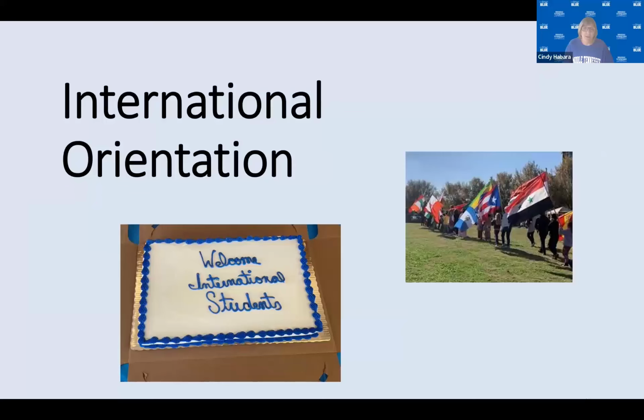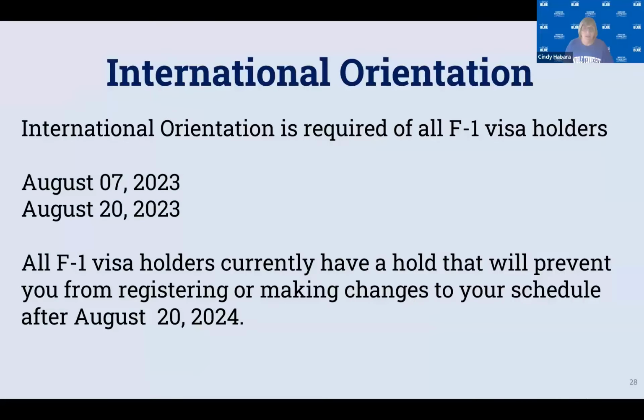International orientation is required of all international students coming here on an F visa or a J visa. We will talk about the J students and their requirements. They are parallel to the F students, but for F students, we are required by SEVIS to give you an orientation, letting you know all of the things you must follow, what you can and cannot do as an F1 visa holder.